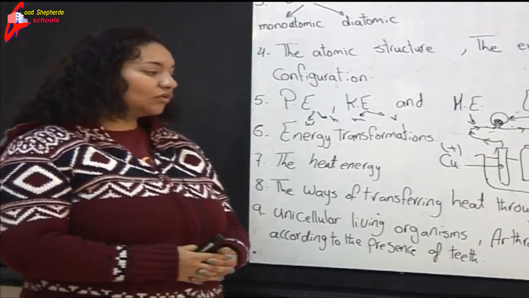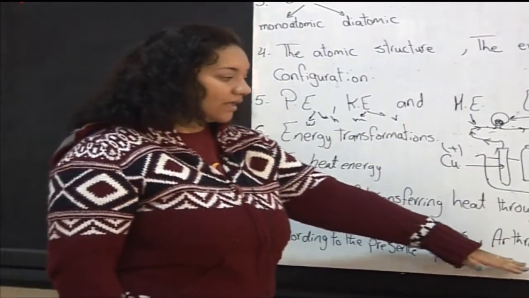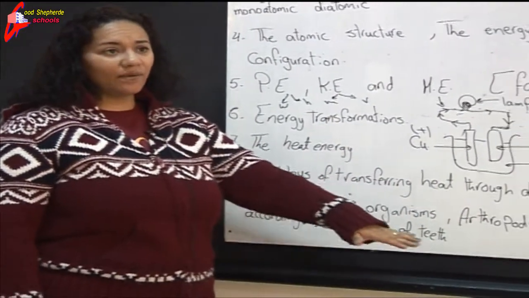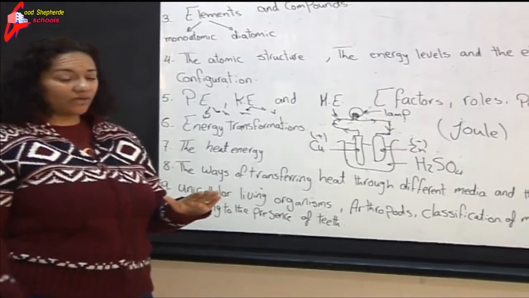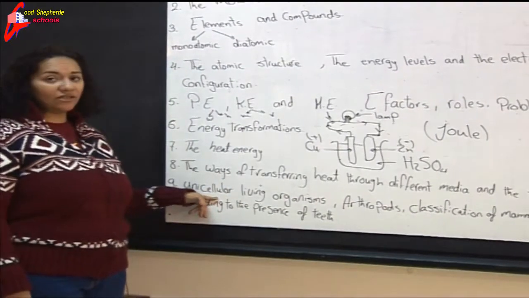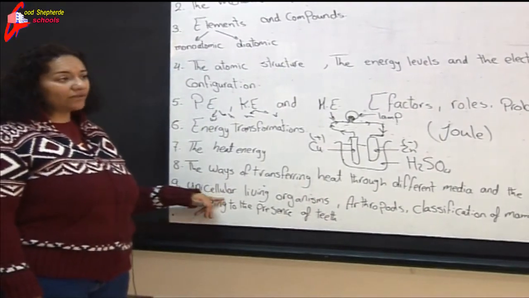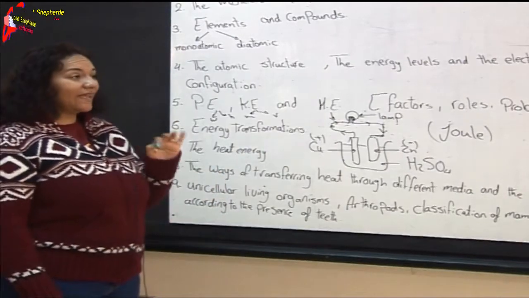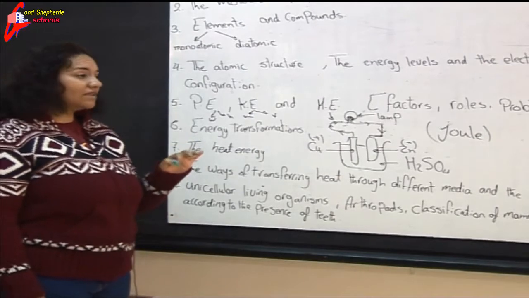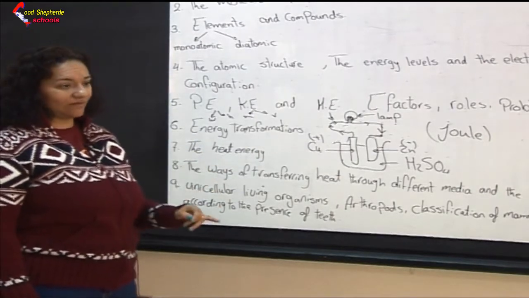Number two, we will talk about the classification, and we must pay attention to the classification of plants and animals. Oh, I'm sorry, I forgot to talk to you about the unicellular living organisms or microorganisms. Microorganisms can't be seen by naked eyes, we need a microscope to see them.